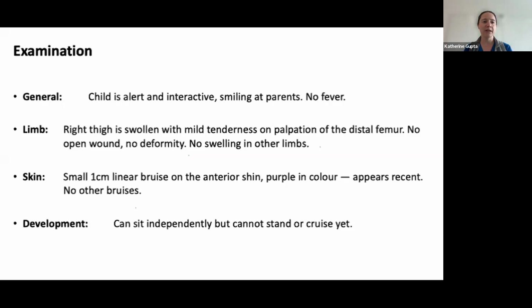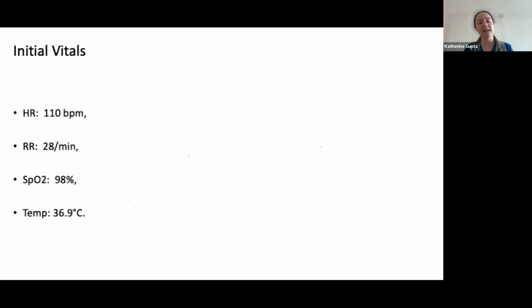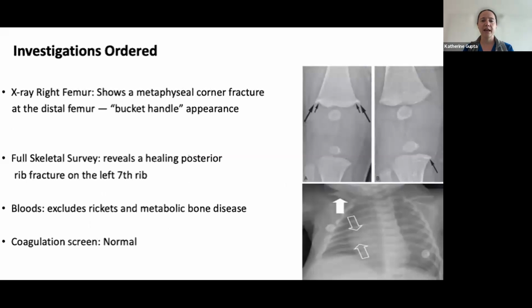And in terms of development, the child that you're seeing indeed can sit independently, but is not pulling up to stand. The vital signs that you can see shown up here are all normal for age. And then, so you order initially some investigations to look at the femur. That's where the injury is.